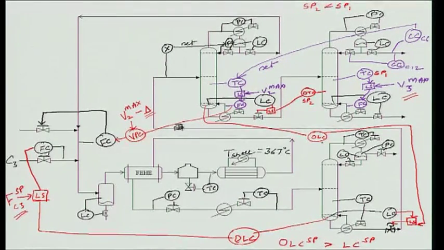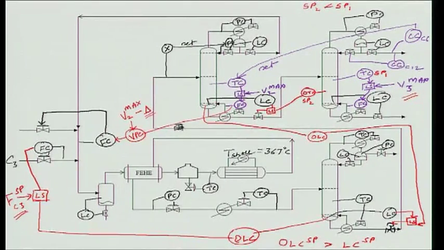As it goes beyond the set point of this override level controller, the override level controller will say, oops, my level has increased too much, I need to reduce the feed, and because the override level controller output is now decreasing, it will ultimately go small enough so that the low select selects it, and therefore what will happen is the feed to the recycle column will now be controlling the level of the bottoms of that recycle column.